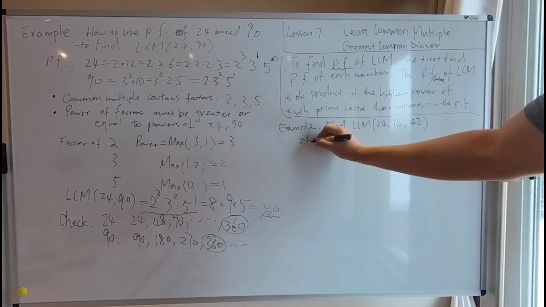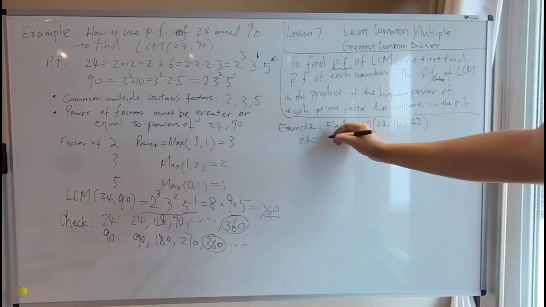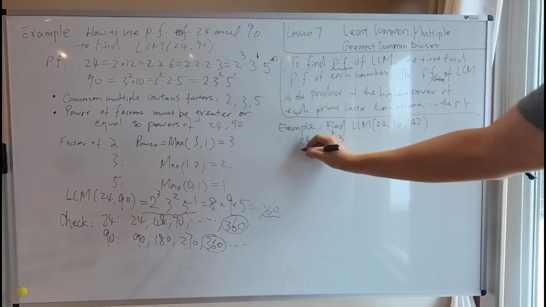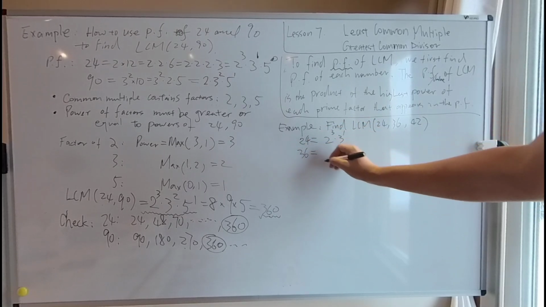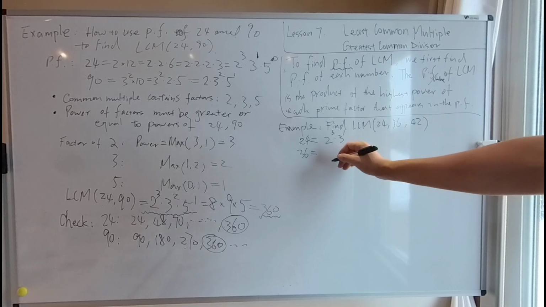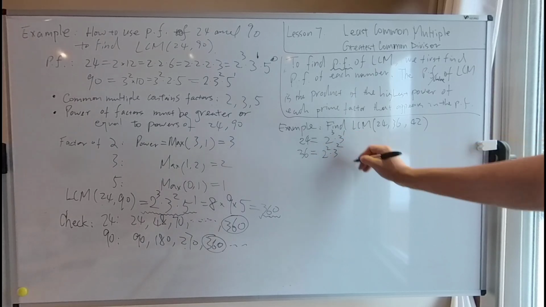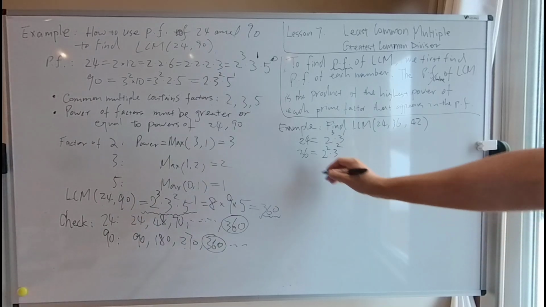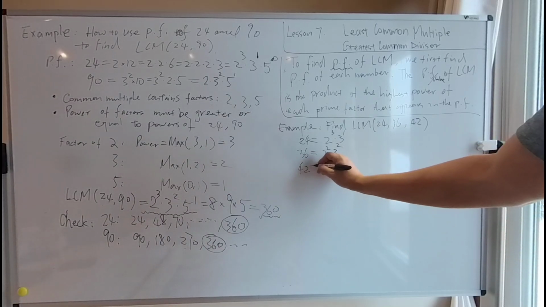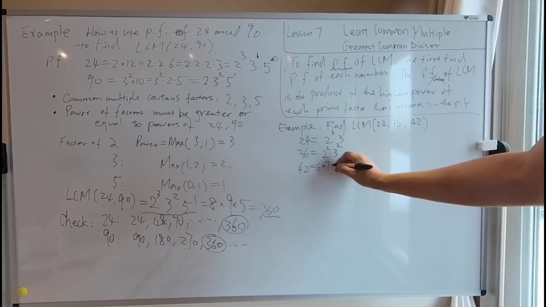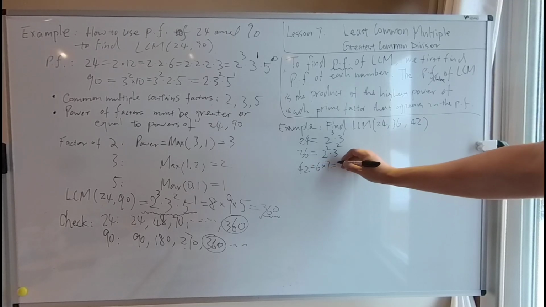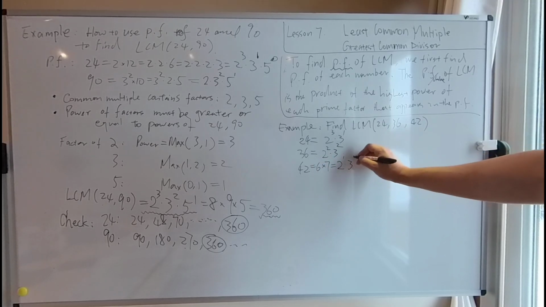So 24, we already have this, it's 2 cubed times 3. 36 is 6 squared, and 6 is 2 times 3, so it's 2 squared times 3 squared. 42 is 6 times 7, and 6 is 2 times 3, so it's 2 times 3 times 7.